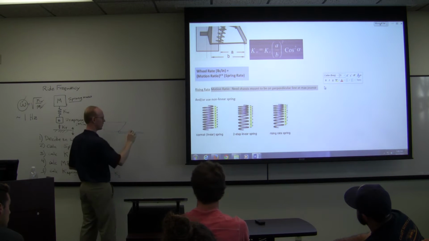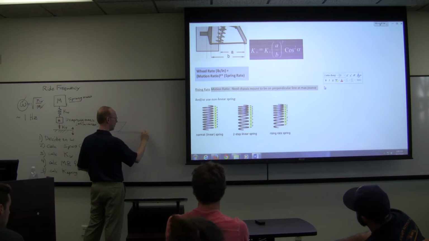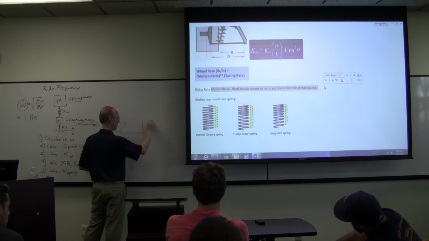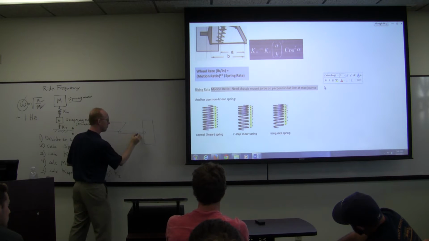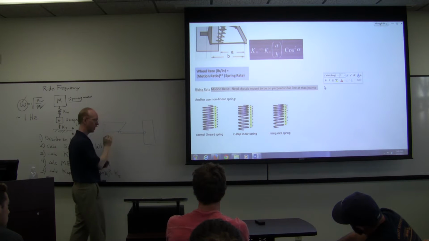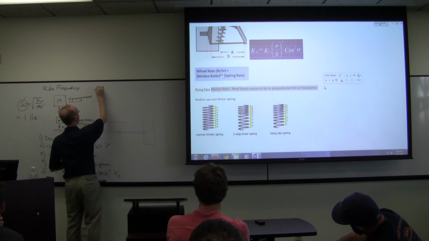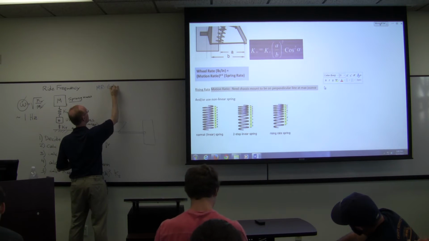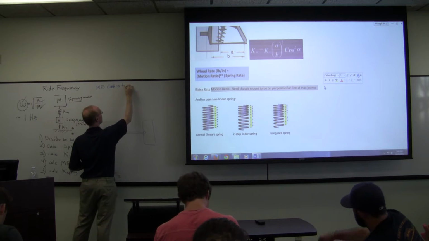Here's my simple suspension. My spring point, the question is, where do I put my spring? We talked about motion ratio, but didn't say what you want. Motion ratio, the goal is to maximize it, almost always.